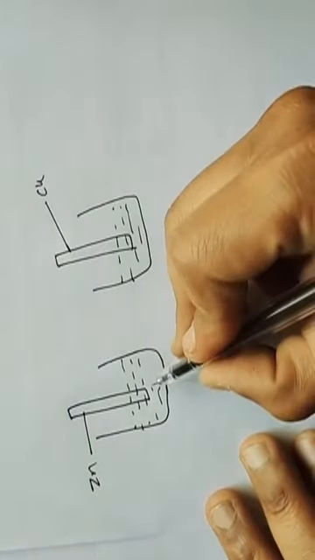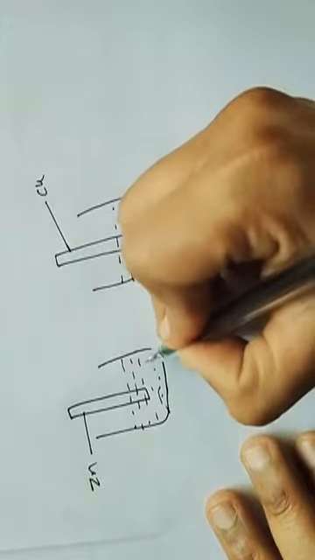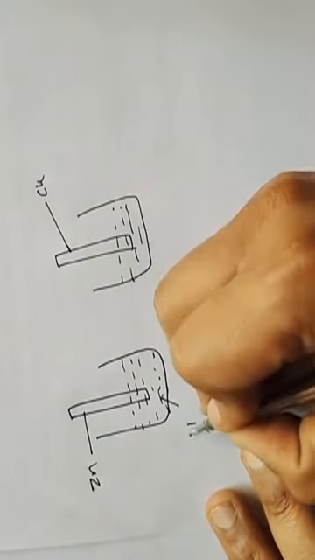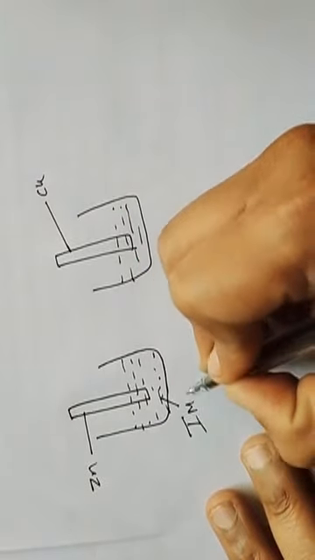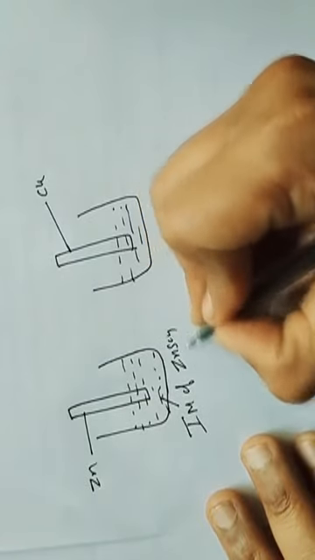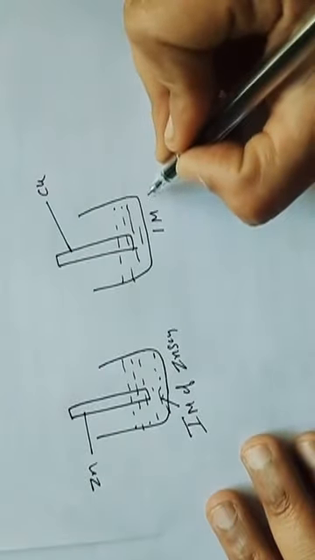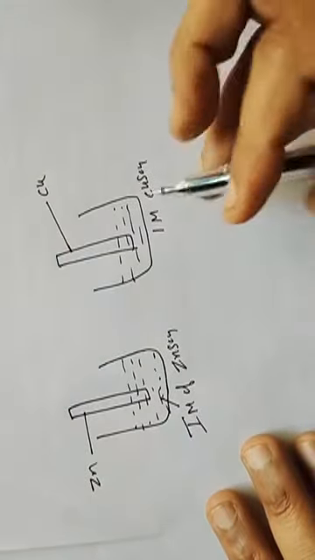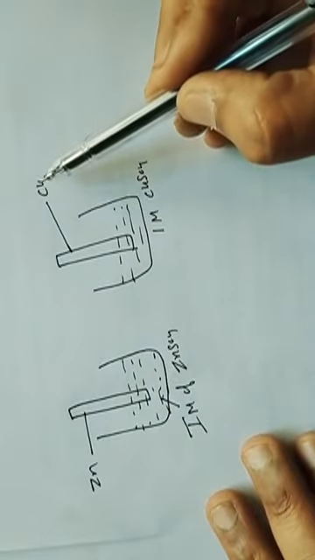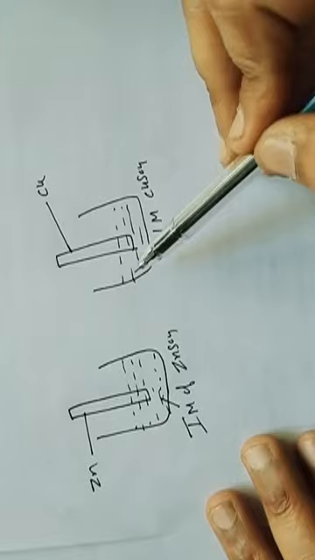You should have a 1 molar solution of zinc sulfate, and here you have a 1 molar solution of copper sulfate. Means electrodes are placed in the solution of its salt.